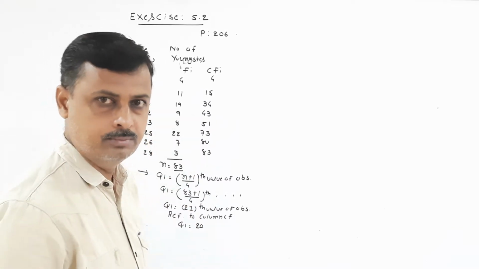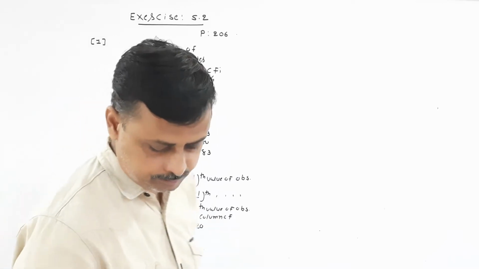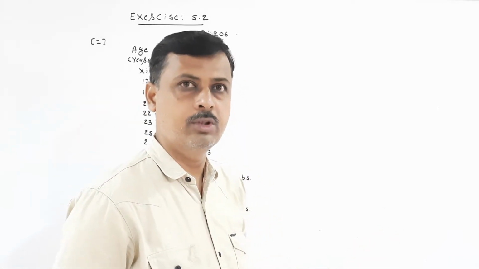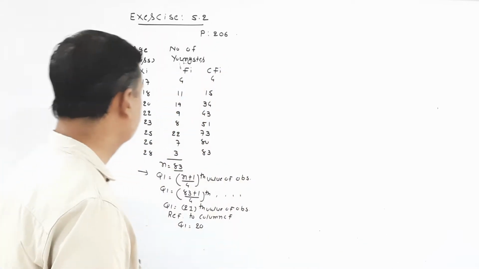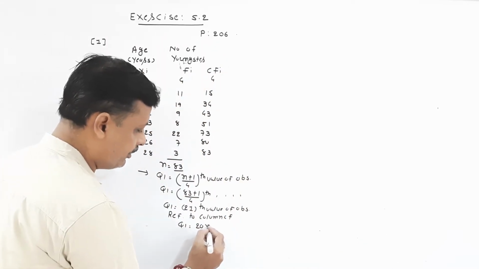So Q1 is equal to 20. Now we find Q3, the third quartile, and age is given in years.